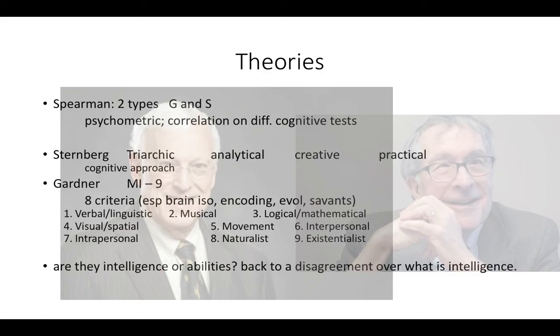That is, if you got brain damage in a specific area, that would affect a specific type of intelligence. And you know that there's a verbal linguistic section of the brain and the spatial section and things like that. He thought it had to be expressible symbolically, so susceptible to encoding, meaning you could note it in some form of language or a musical language or something like that.